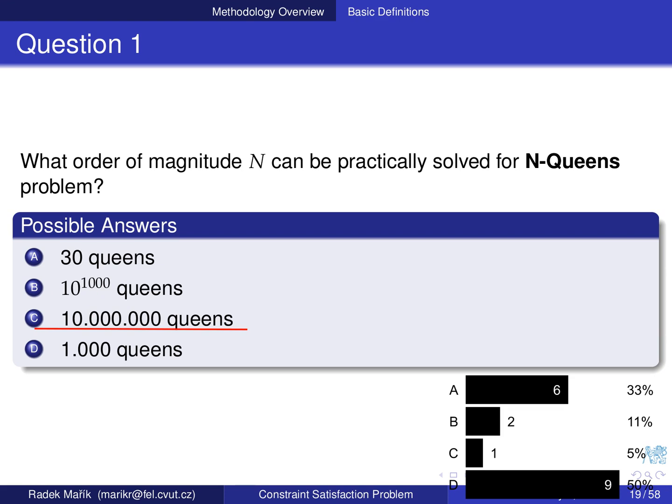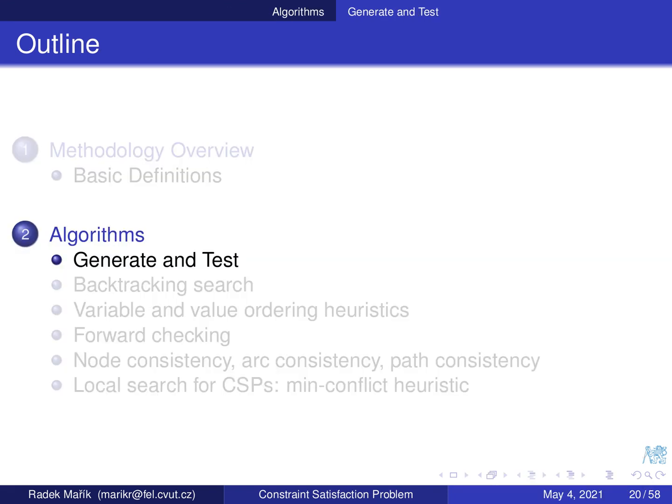Here we have about 10 to 100 millions of variables. Okay, just one of you selected that correctly. Okay, let's continue. Thank you for your response.